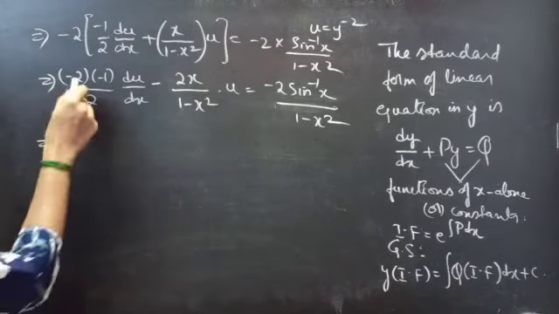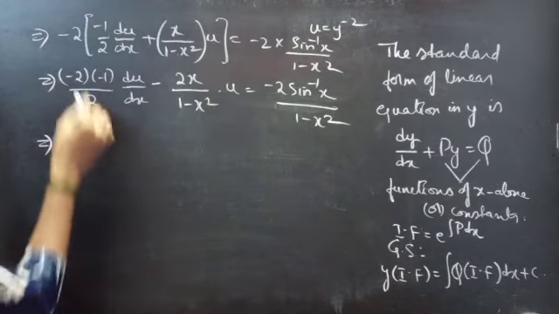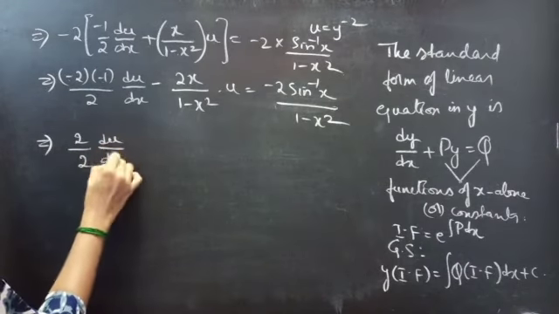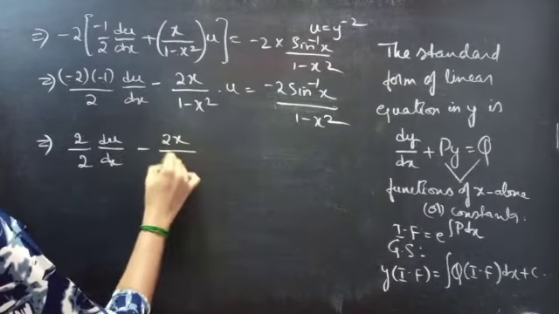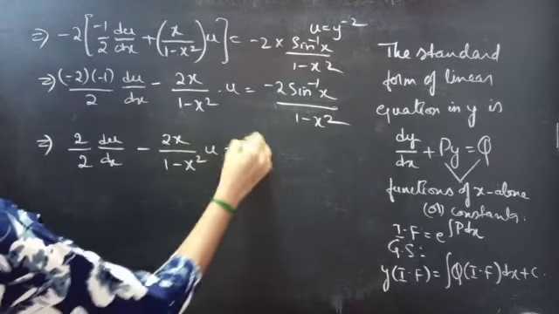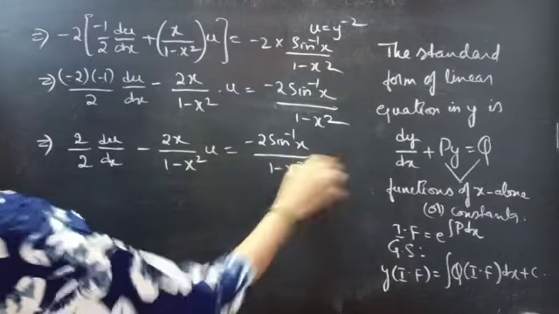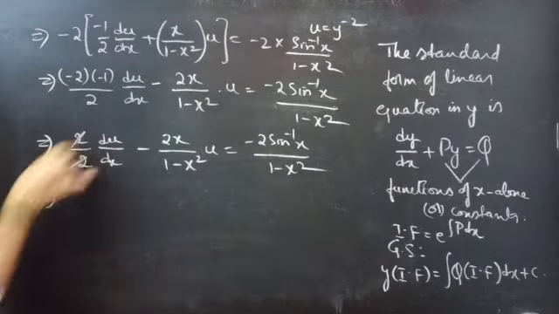Then you'll get minus 2 into minus 1 is 2, into 2 du by dx minus 2x by 1 minus x square into u equals minus 2 sine inverse x by 1 minus x square. Here 2 gets cancelled.